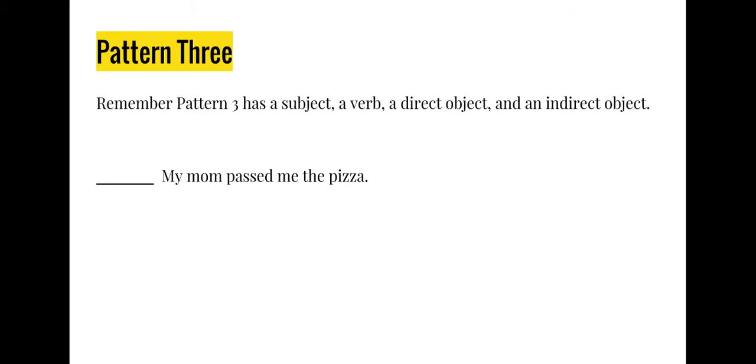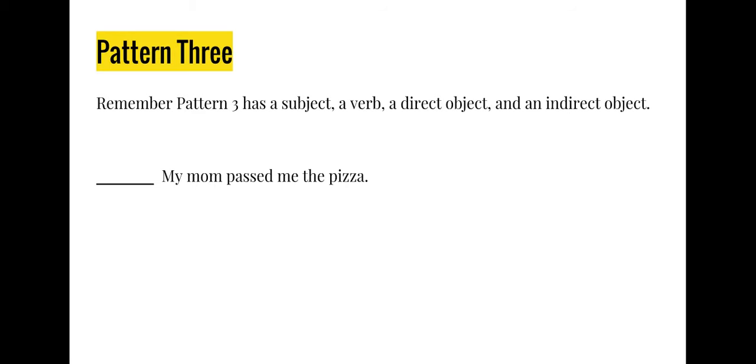All right, and then let's go ahead and go through our question answer flow. So, who passed me the pizza? Mom, subject, noun. What is being said about mom? Mom passed, verb, okay, passed what? Pizza. Does pizza mean the same thing as mom? No, direct object.